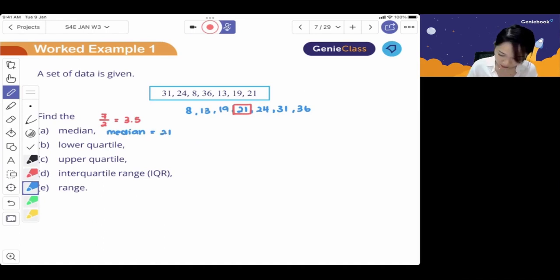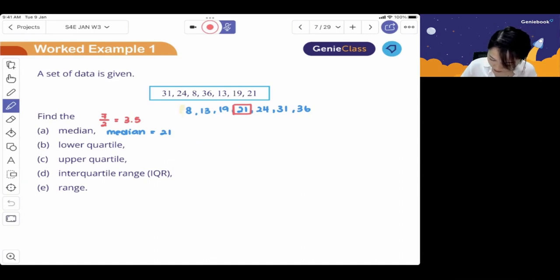equals 21. Now that we have our middle value, where is our lower quartile? Lower quartile means now we have this set of values here, which is our lower half, and this set of values, which is called our upper half.